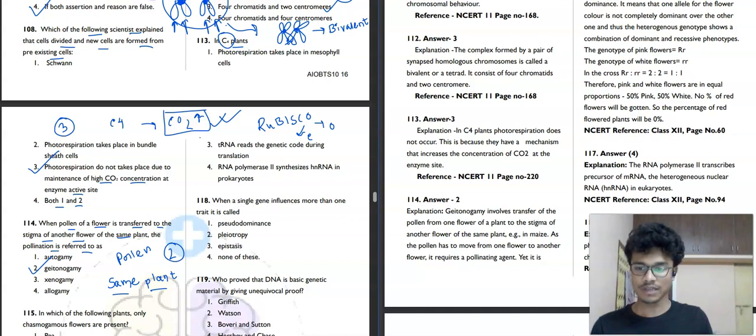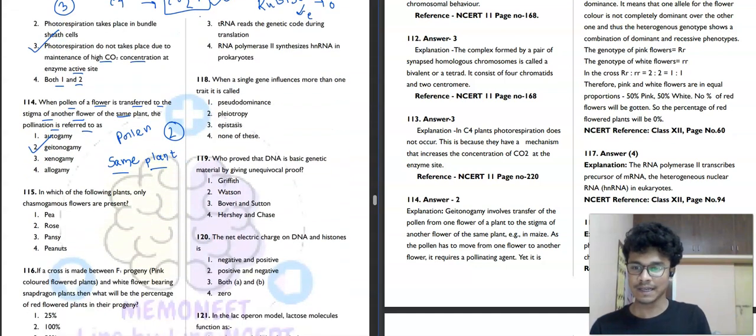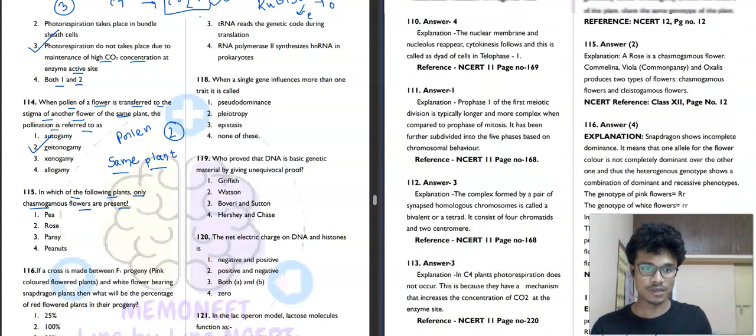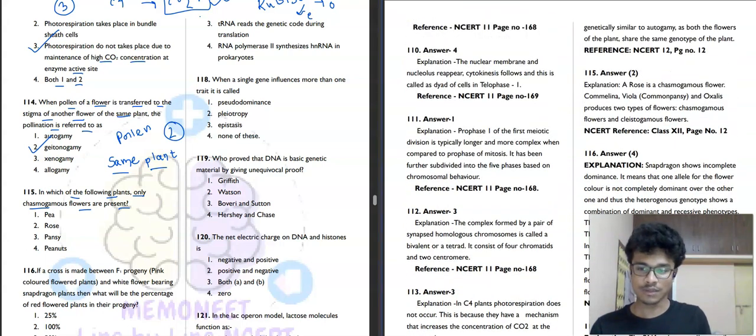Now moving towards the next question, which is 150. It is saying, in which of the following plants are only chasmogamous flowers present? Pea, rose, pansy or peanuts? So we have to understand what chasmogamous flowers are and what kind of flowers are present in a plant before marking this option.